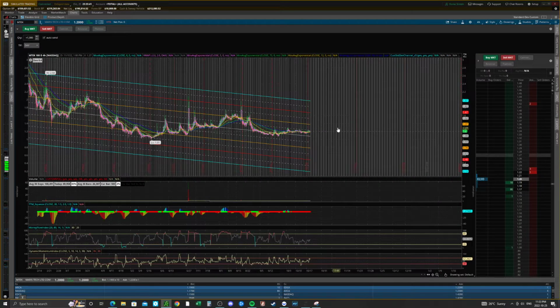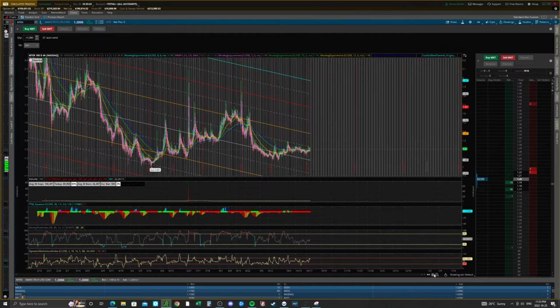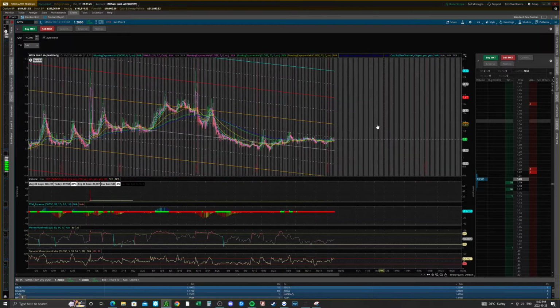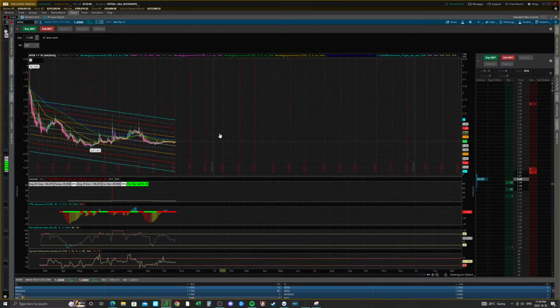Speaking of safe stocks, MTech, beautiful stock. But here you can see on the daily, once it dropped below that major standard deviation line, that's really when it got cheap. I'm quite confident because it didn't drop any lower than that. It bounced right back just below that standard deviation line.